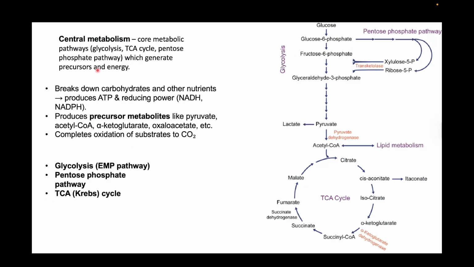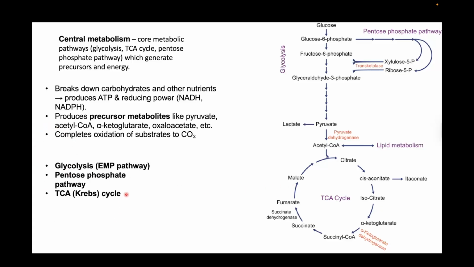What was central metabolism? Core metabolic pathways like glycolysis, the tricarboxylic acid cycle, and the pentose phosphate pathway, which generate precursors as well as energy. So, the core metabolism pathway always produces precursor molecules like acetyl coenzyme A, alpha ketoglutarate, oxaloacetate, important precursor molecules which feed into the energy generating TCA cycle.